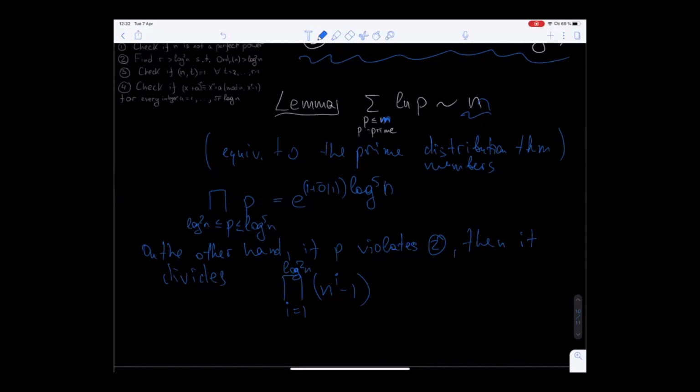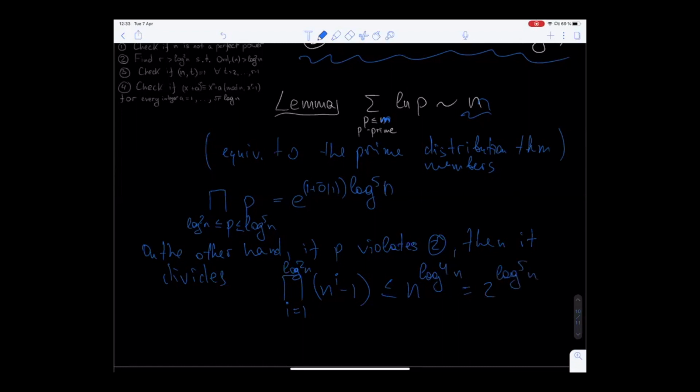So if we take a product of all these expressions, then whatever p violates 2 must divide this expression, but this is at most n to the log to the 4th of n, which is 2 to the log to the 5th of n.